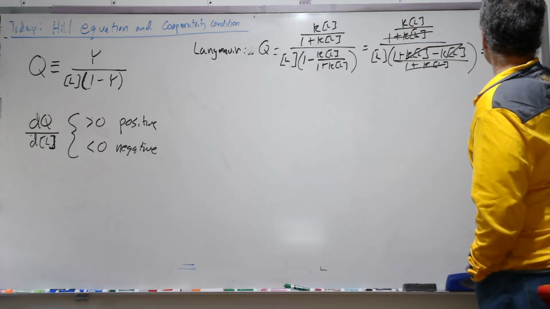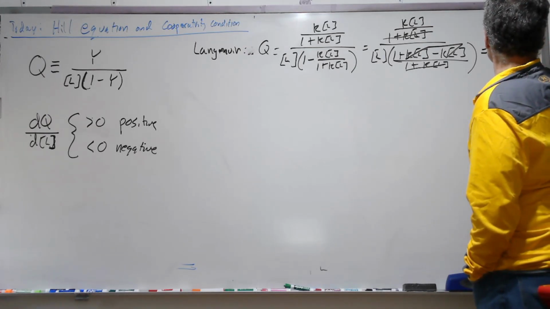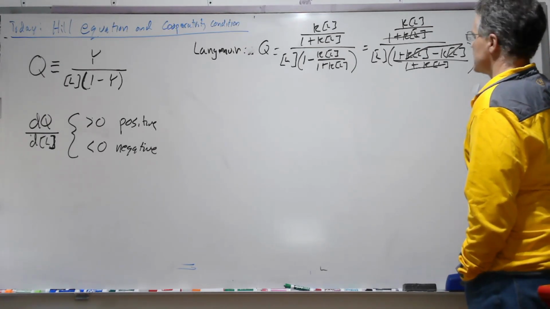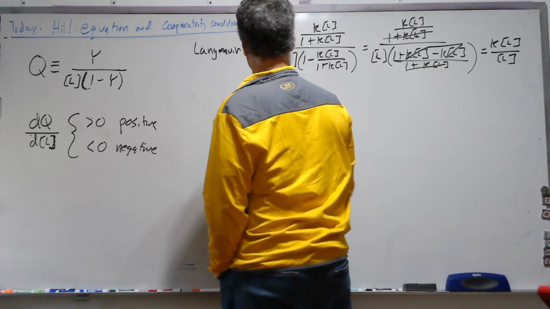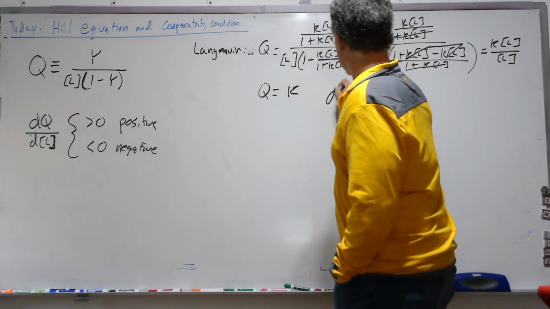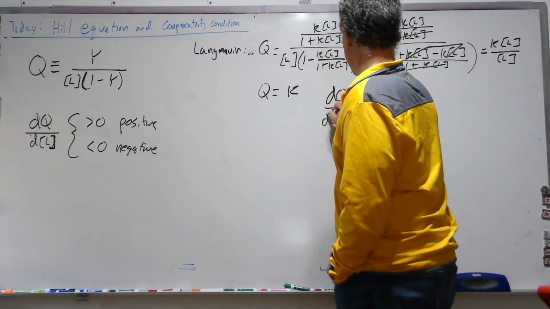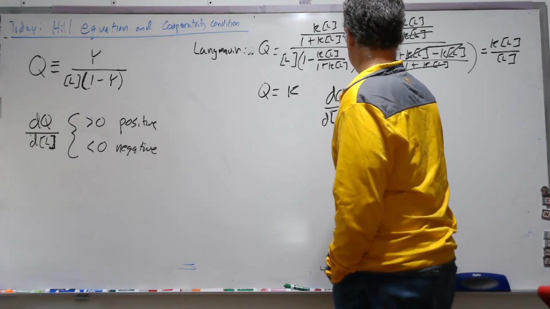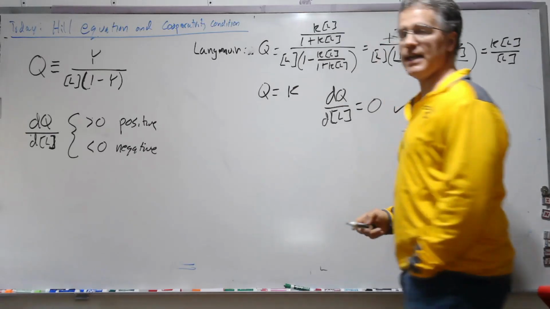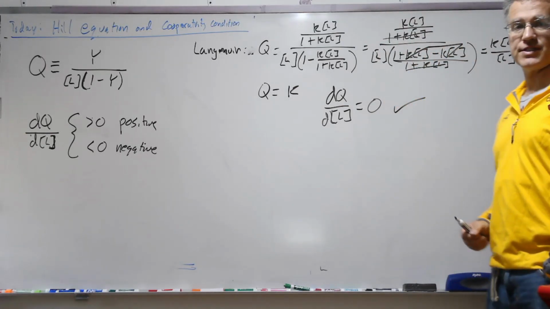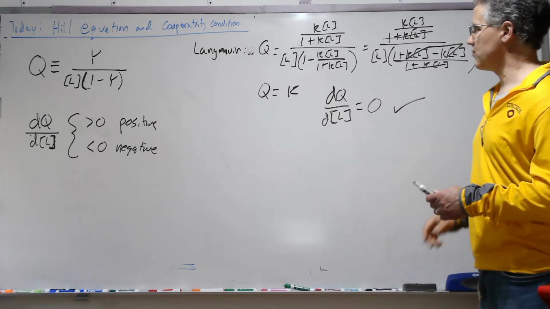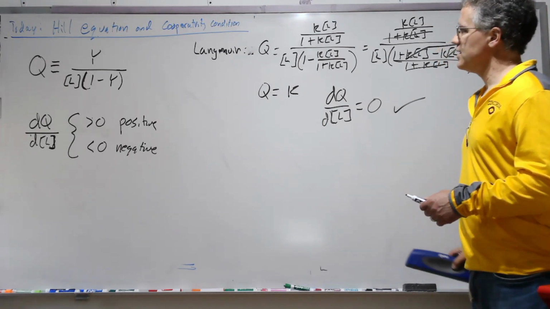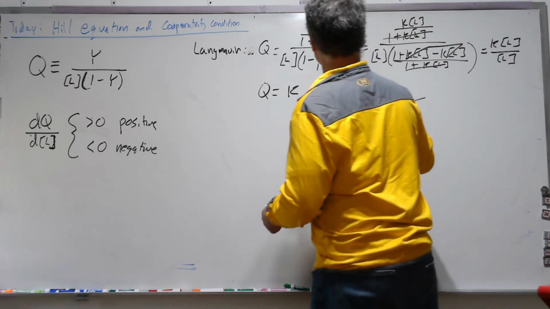So we get KL over L. So Q equals K. So dQ dL indeed equals 0 for the Langmuir model. So it's neither positively cooperative nor negatively cooperative. It's just neutral. All right, well, let's do it for the Hill model.